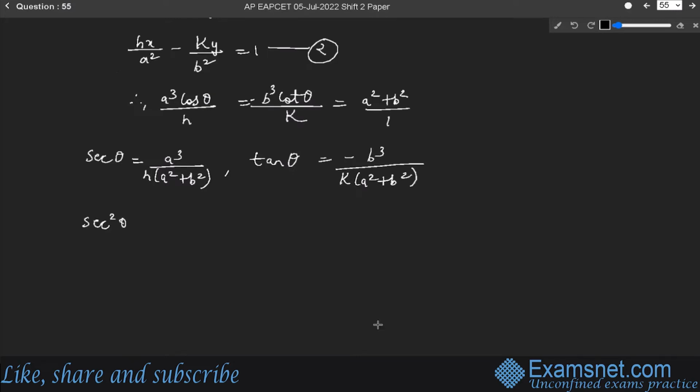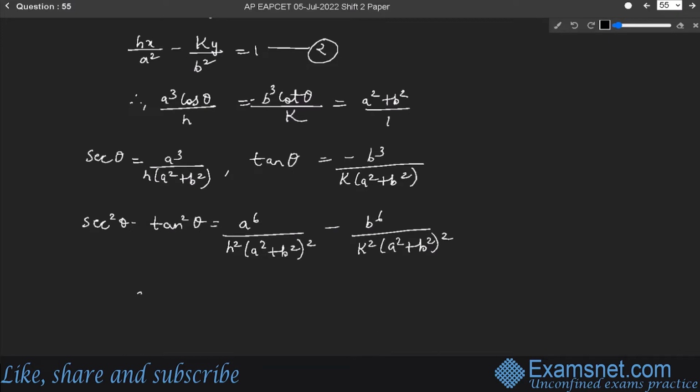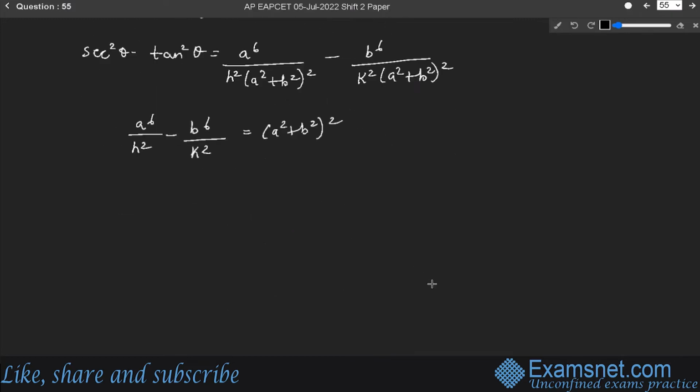Therefore, sec square theta minus tan square theta will be equal to a power 6 divided by h square into a square plus b square whole square, minus b power 6 divided by k square into a square plus b square whole square. Therefore, it can be written as a power 6 upon h square minus b power 6 upon k square is equal to a square plus b square whole square, because it is common in both the denominators.